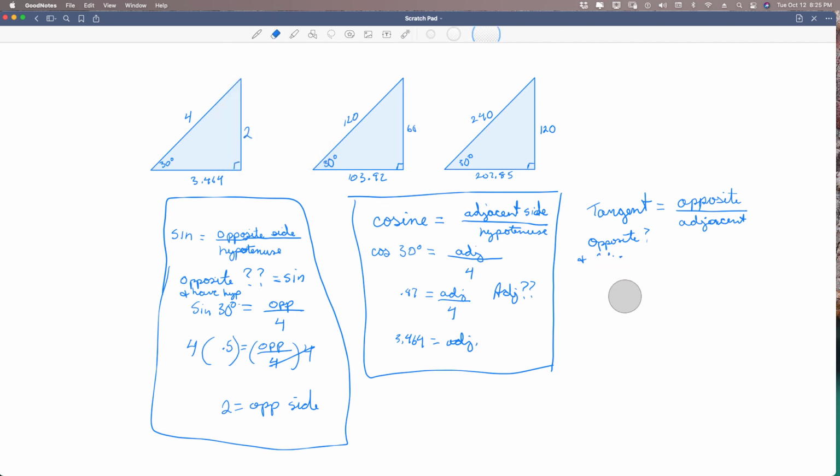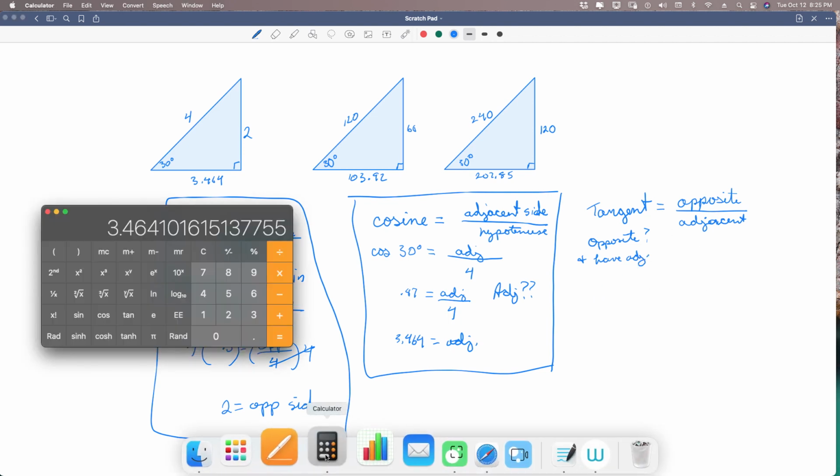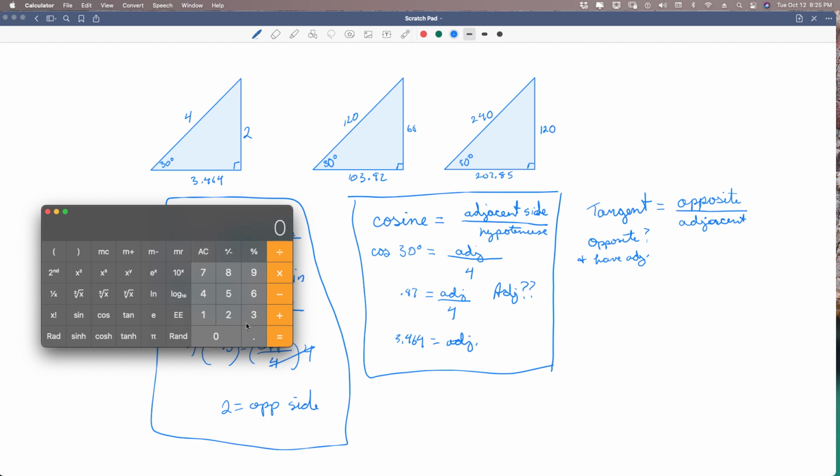Let me change this right here. And you have the adjacent, right? So we're going to do this the same way. We're going to pull up our tangent in the calculator. We're going to say 30 tan. That's our tangent. And this looks like about 0.58 for tangent.